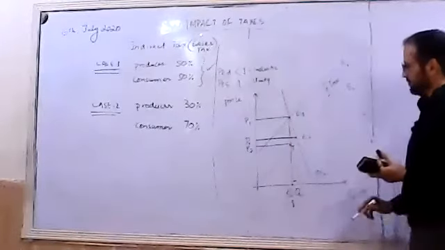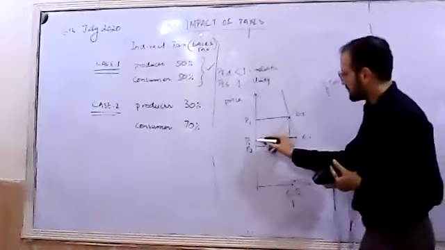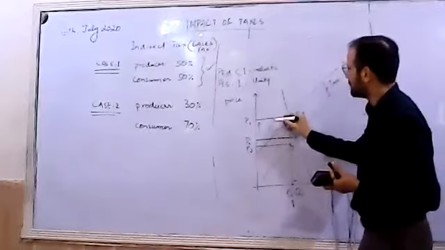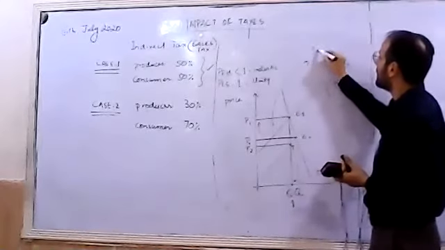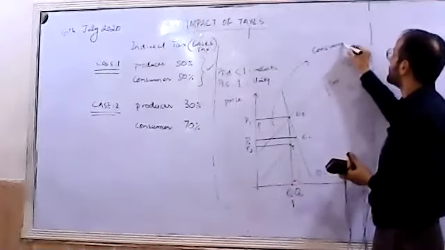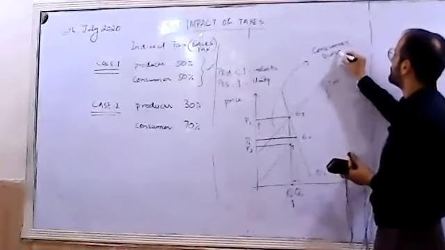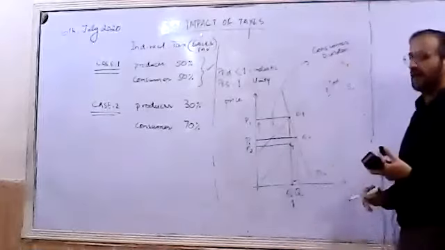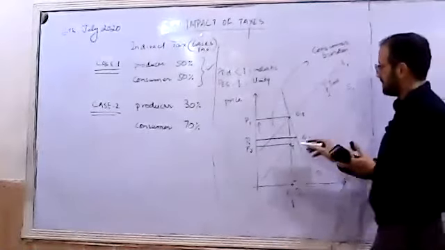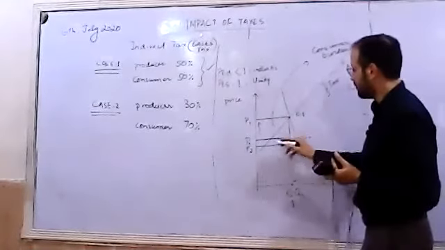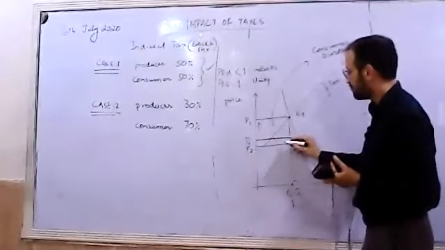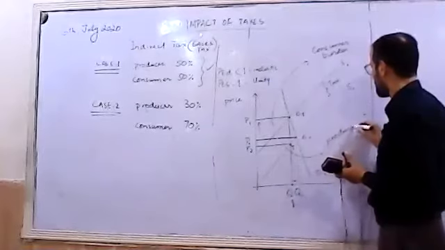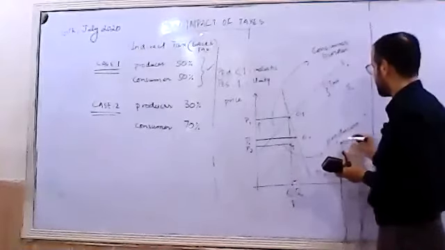So there you go. Now you can see that the price moving above P naught, from P naught to P1, this area is for the consumer tax burden. And the area below P naught, from P naught to P2, is for the producer's tax burden.